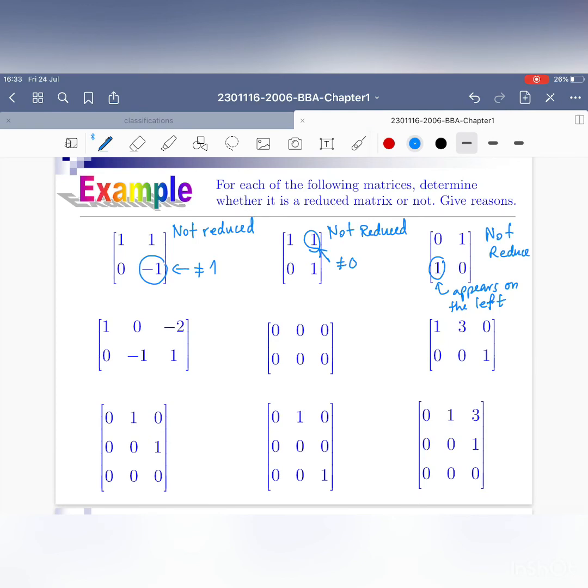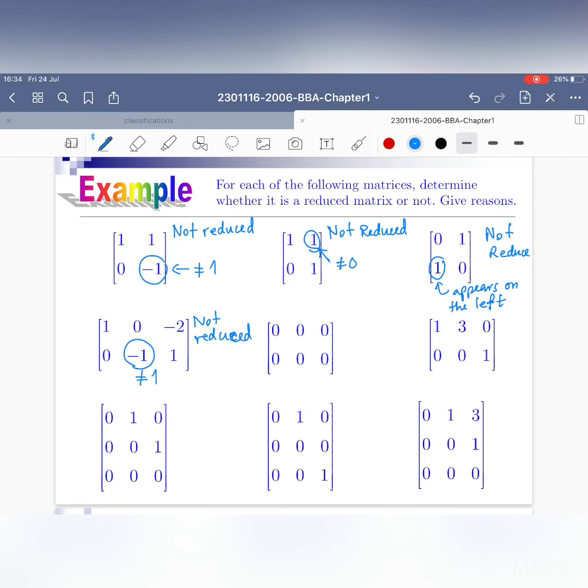How about this one? Here is your non-zero row. Your first leading is 1. The rest in that column is 0, so it's okay. Here is your second non-zero. The first leading is not 1, so this one is not okay. So here is not reduced, again, because your leading on your second row is not 1.